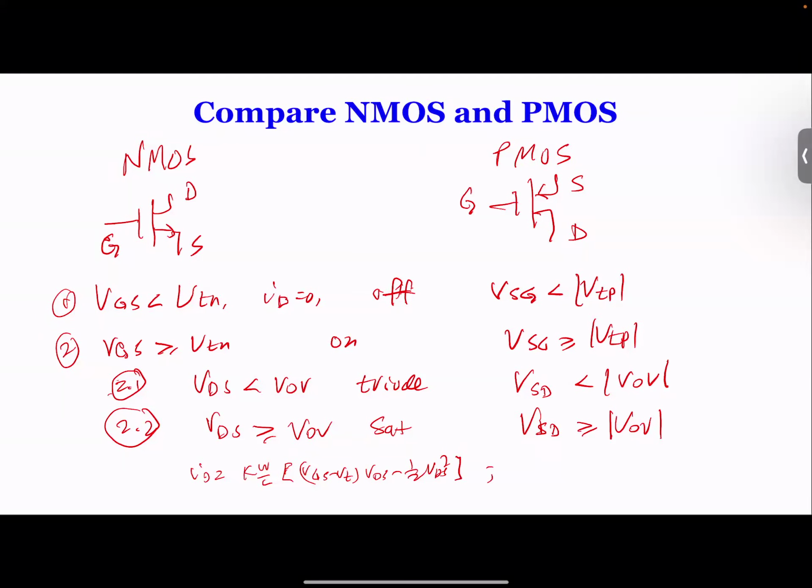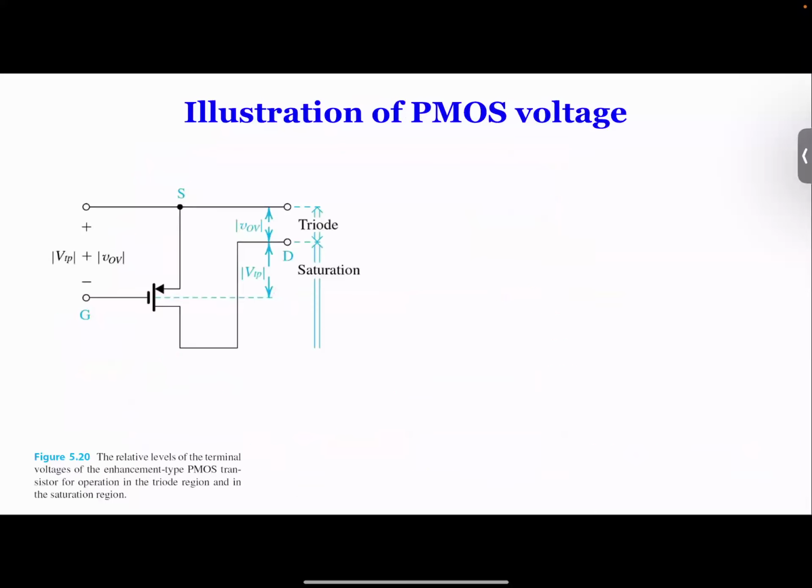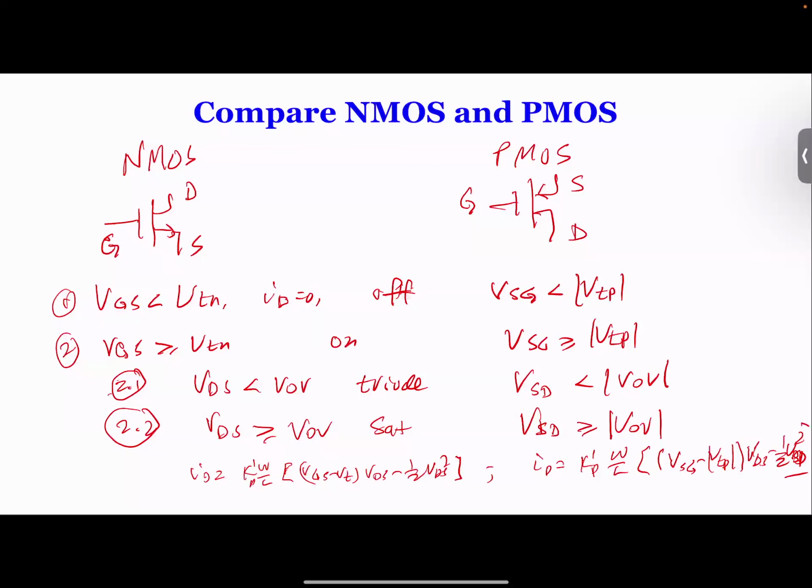And for this one here, you have ID equal to KP prime W over L times VSG minus VTP times VSD minus 1/2 VSD squared. So that's the difference. So that's 2.1.